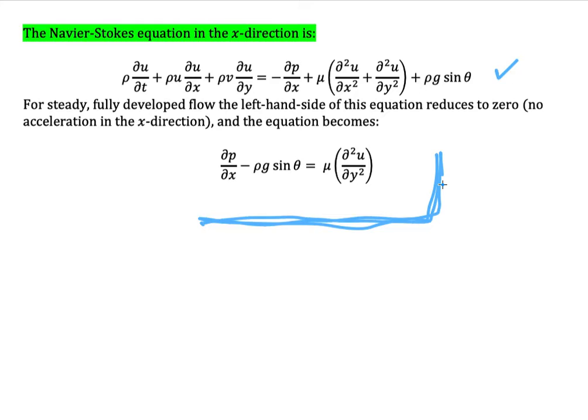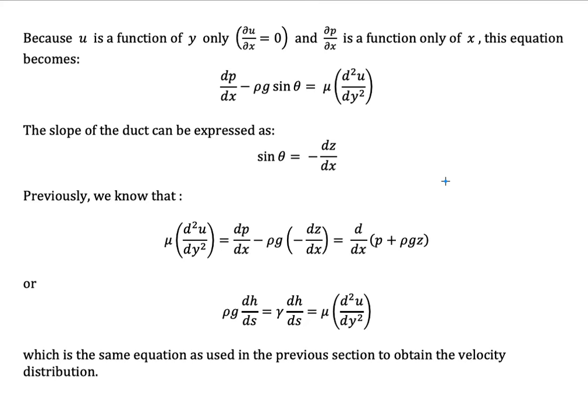Previously we showed you how to get the velocity profile with two times integration, and before that we simplified the Navier Stokes equation. So the same idea here actually. And then because u is a function of y only, we don't have the du/dx here, and dp/dx is a function of x only, so this equation can be simplified as this one.